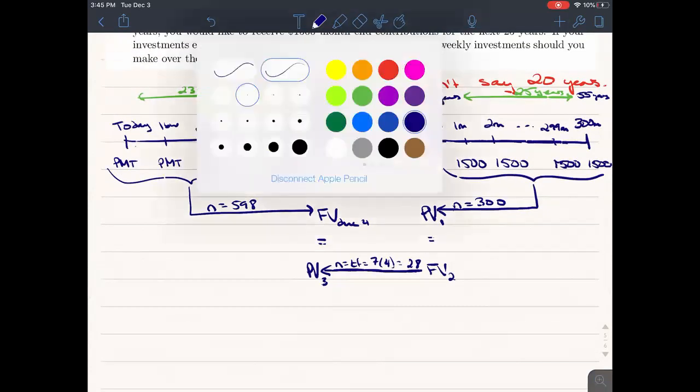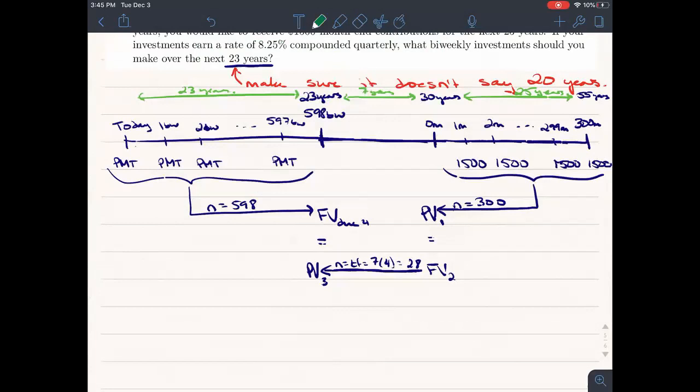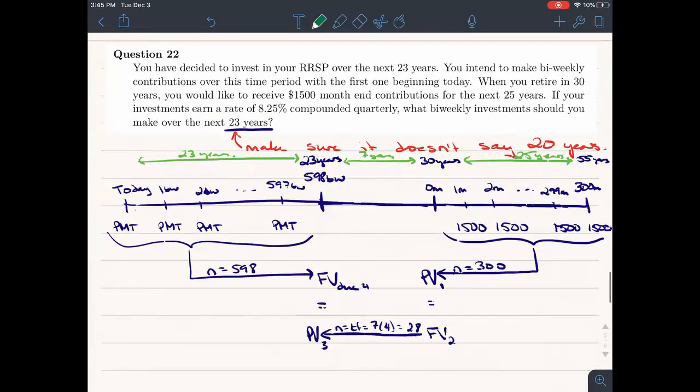And then what we also want to keep track of is, hey, how nice is that? The interest rate is the same for all of these: 8.25% compounded quarterly. It doesn't change, whereas I feel like on test 3, I had it changing.